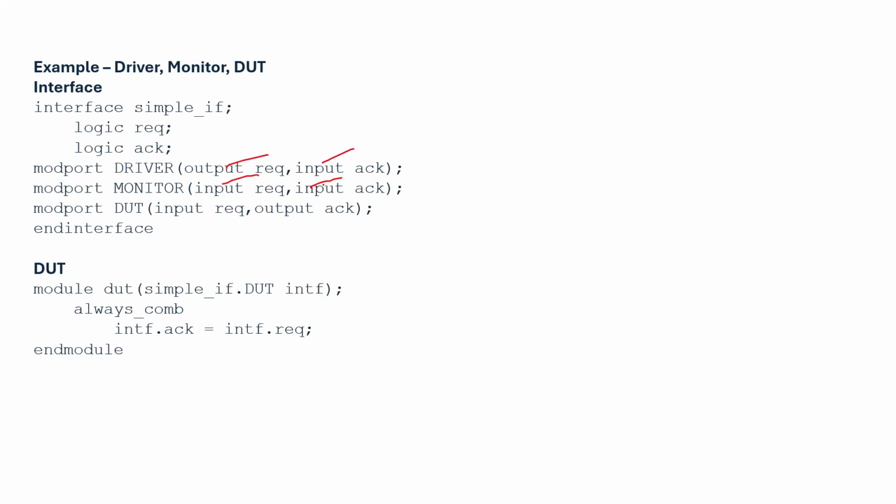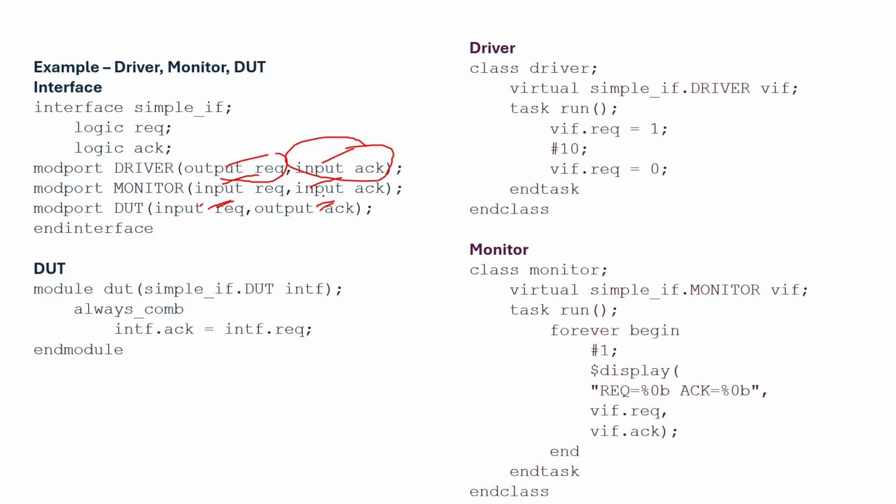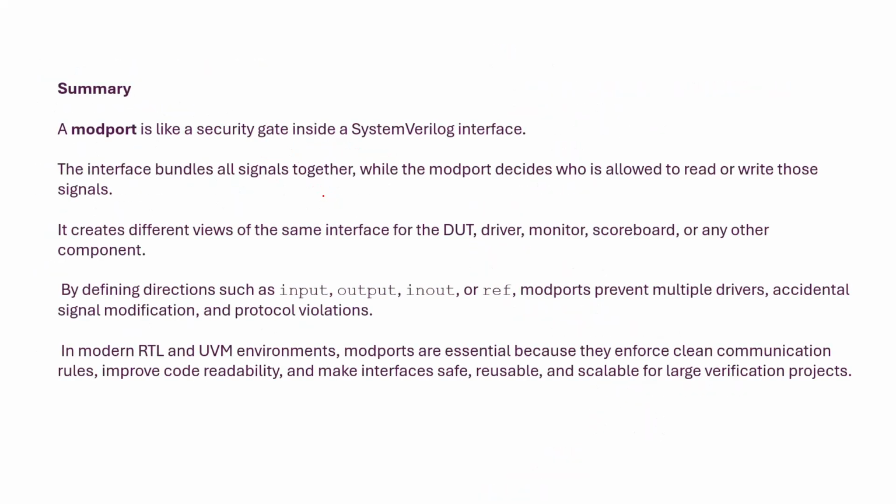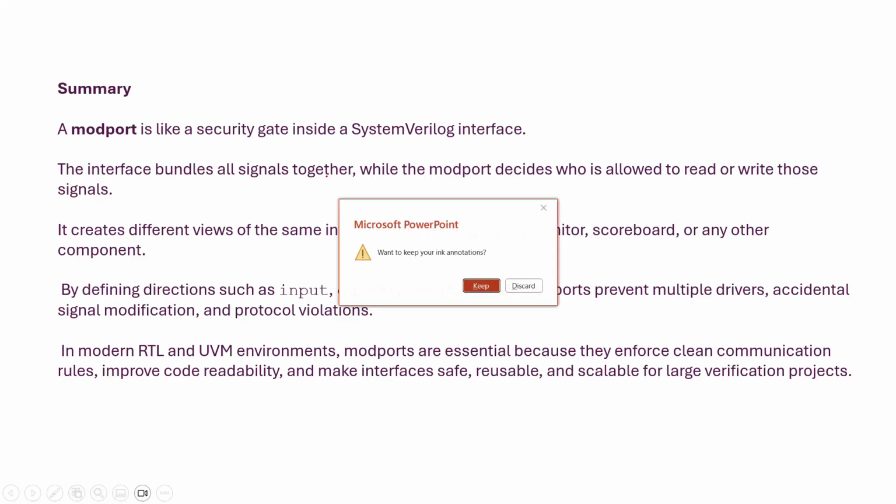For the monitor, all are inputs. And for the DUT, this output acts as an input, and this input acts as an output for the DUT. Same thing. Understood, right? That is how we represent the modports.